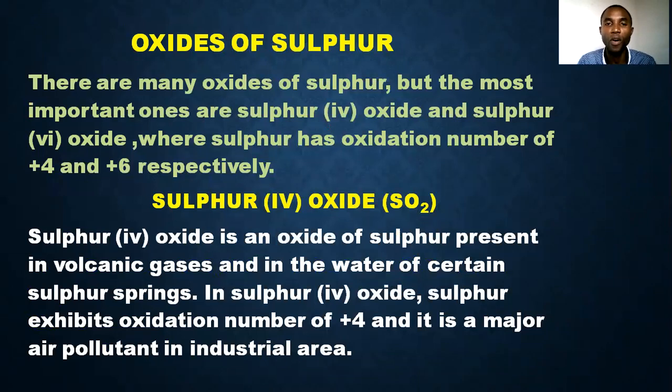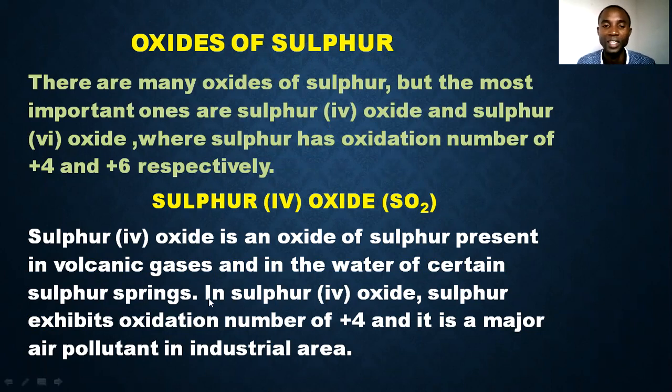There are many oxides of sulfur, but in this video, we'll be considering the two most important of them, which are sulfur 4 oxide and sulfur 6 oxide. They have oxidation numbers of +4 and +6, respectively. In sulfur 4 oxide, the oxidation number of sulfur is 4, and in sulfur 6 oxide, the oxidation number of sulfur is 6. That is what we want to consider in this video.